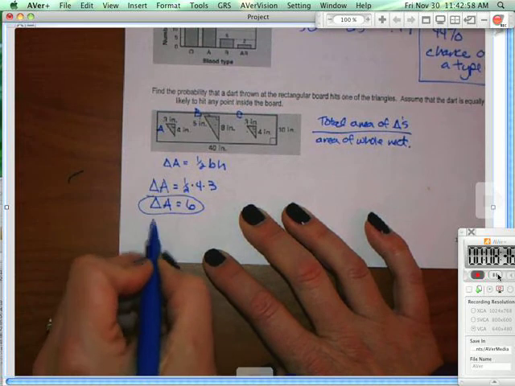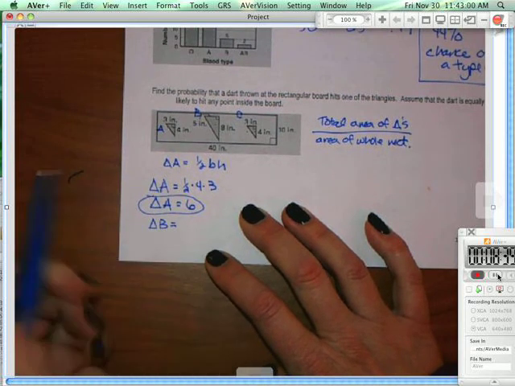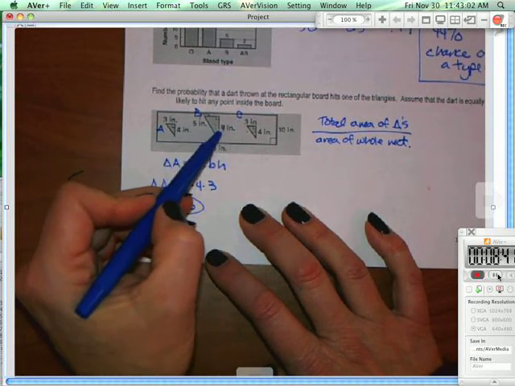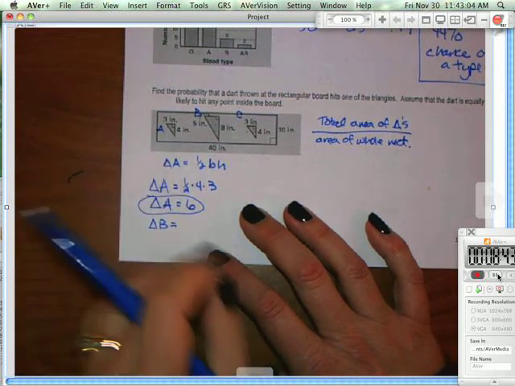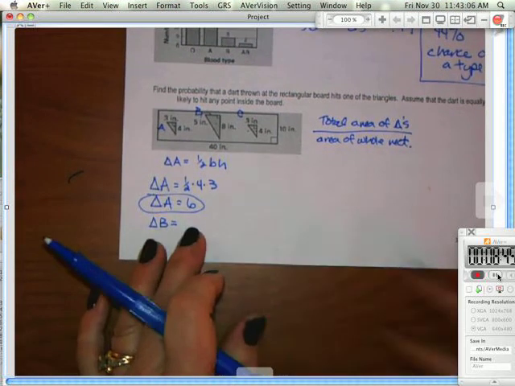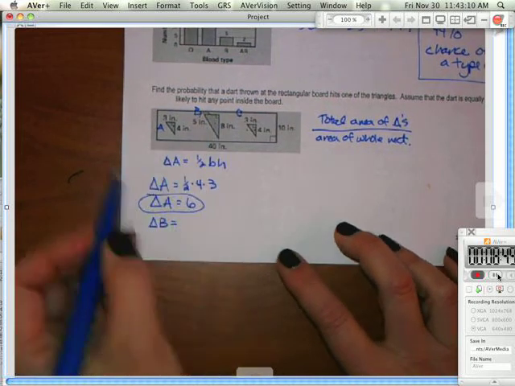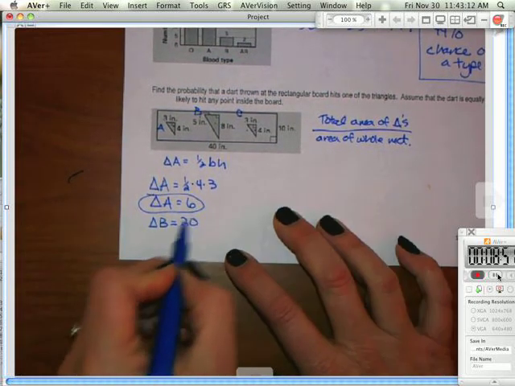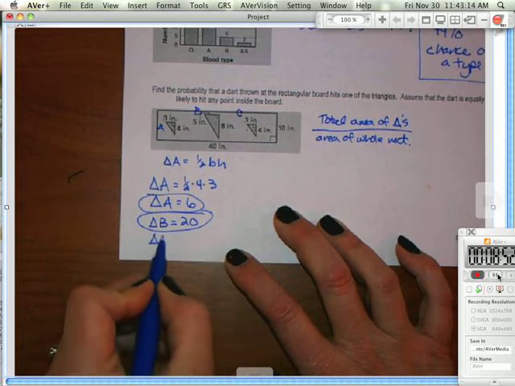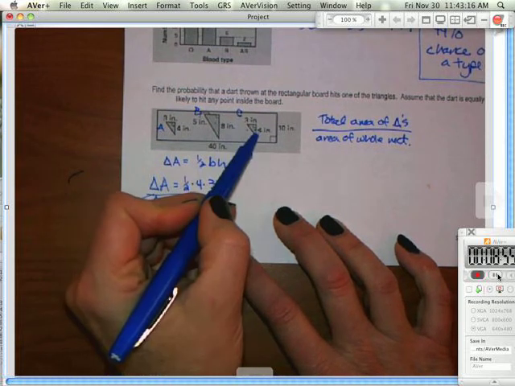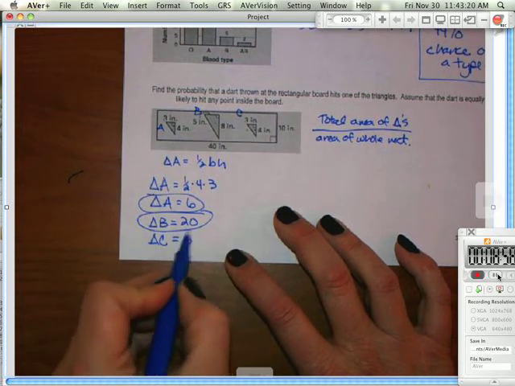The area for triangle B would be half of one of these numbers, because this is 8, and this is 5. So I'm just going to cut this one in half. 4 times 5 is 20. And then triangle C, half one of these, and that's 2 times 3, which is 6. That's also 6.